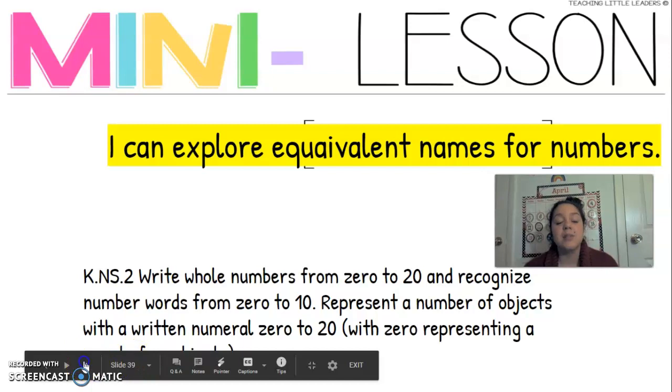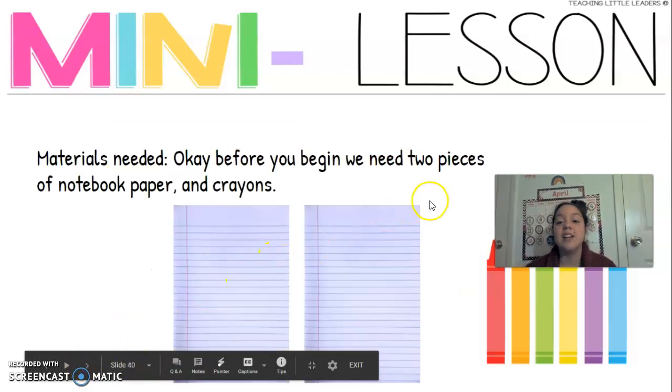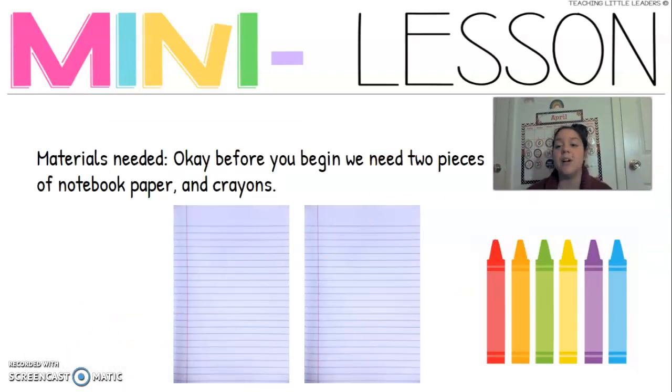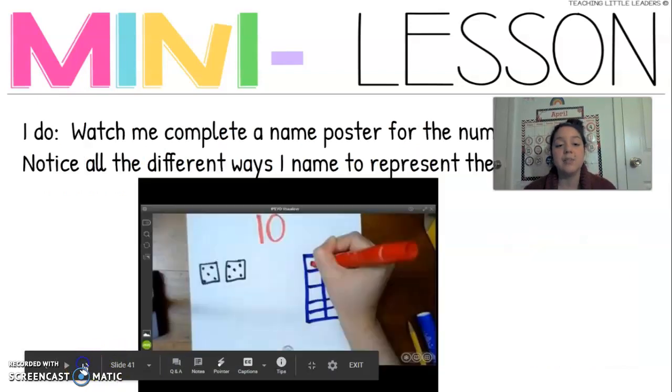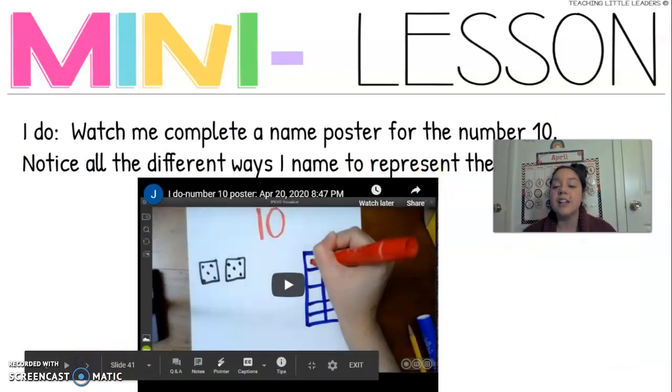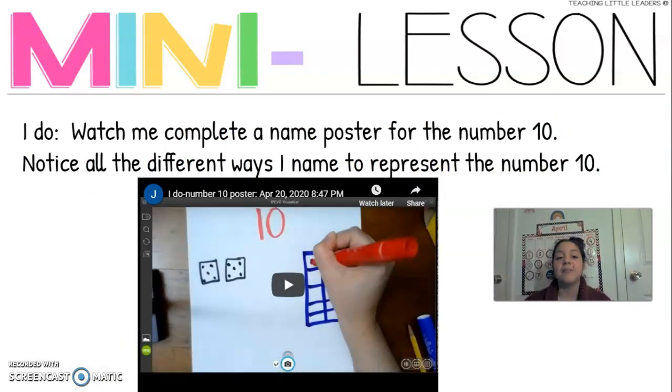Let's get into the materials we need. Today you're just going to need 2 pieces of paper and your crayons or your markers. Alright, let's begin. Okay, we're going to get right into our lesson today. You're going to watch me make a name poster for the number 10.